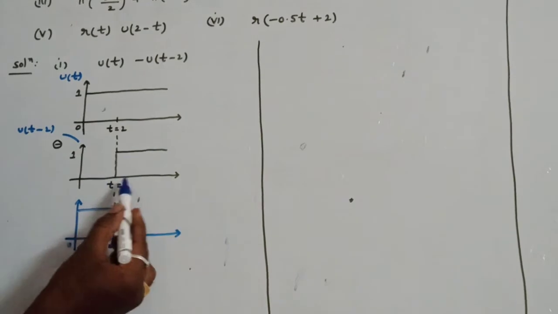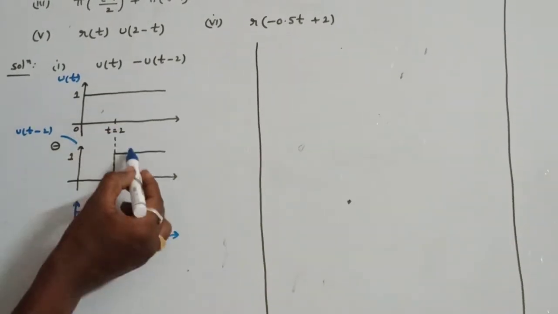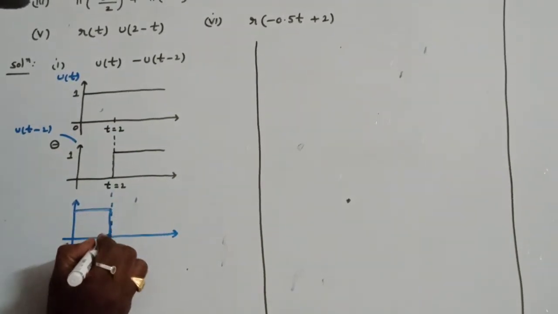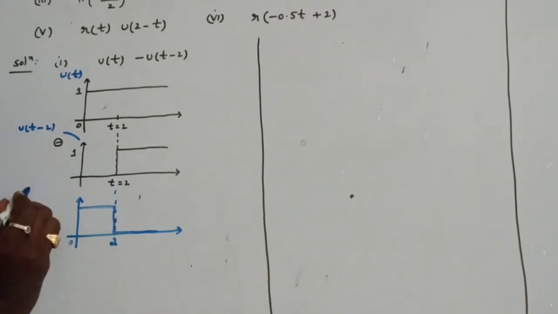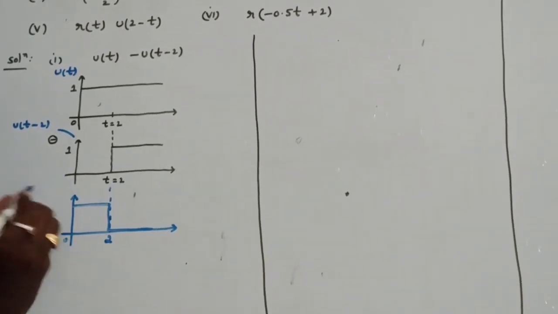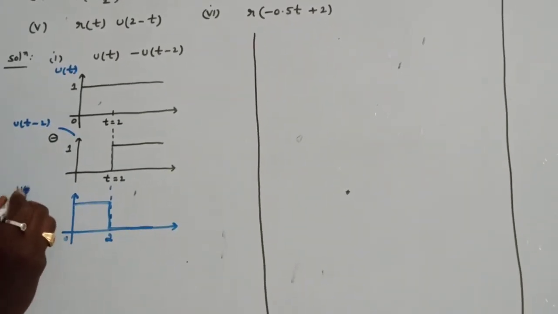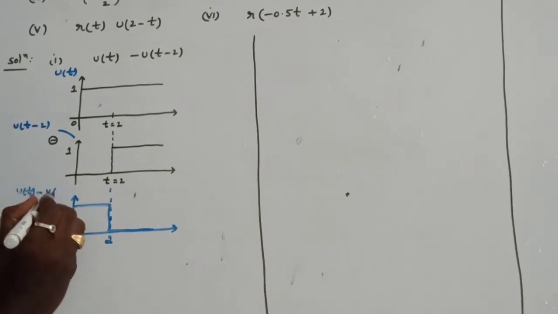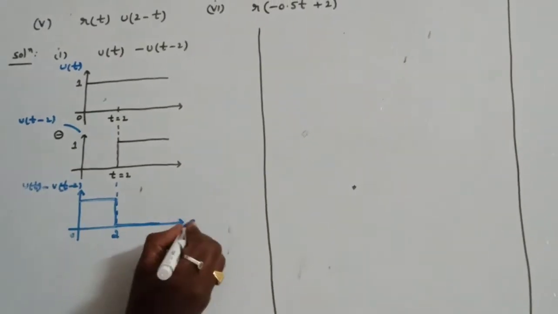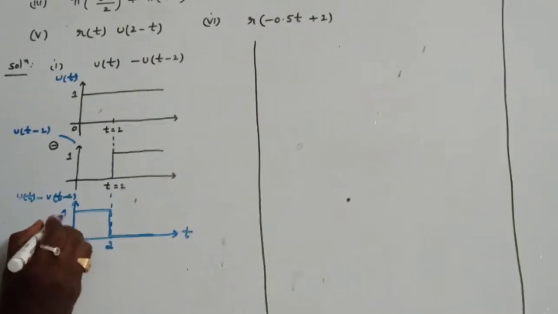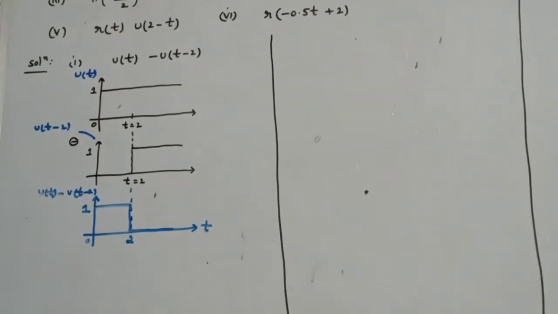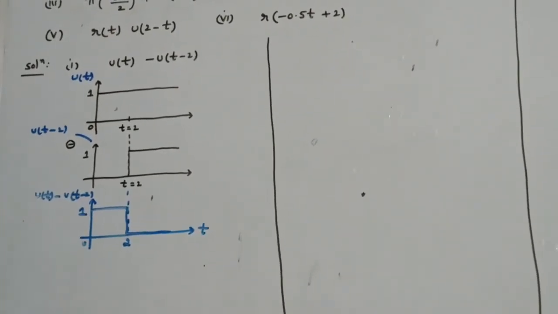From t equal to 2 onwards, 1 minus 1 is 0, so the amplitude is 0. This is the answer, u of t minus u of t minus 2 versus t. The amplitude of the signal is 1, so the answer is a pulse.